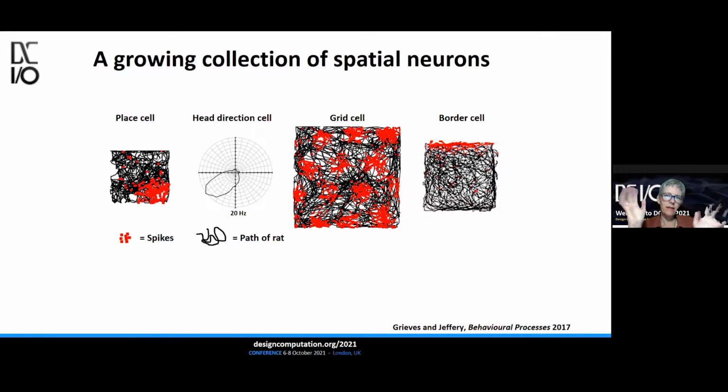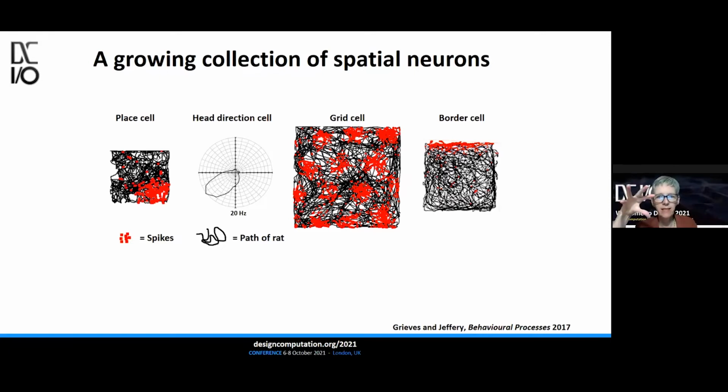And if you've got a whole bunch of these cells in the one rat, the pattern will be the same wherever the rat goes. If one cell fires when the rat faces one direction, the relative angle at which the second cell fires will always be the same. The absolute angle in geocentric coordinates might be different. It might be north in one room and east in another, but the relative directions are all the same.